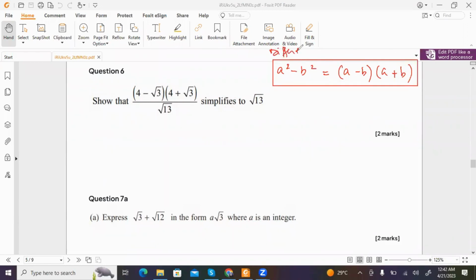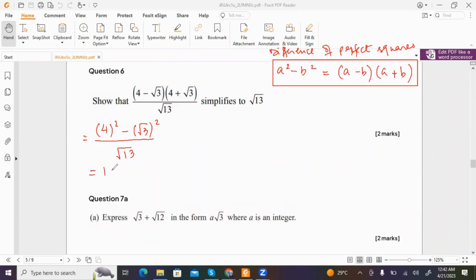So we can rewrite 4 minus root 3 times 4 plus root 3 as 4 squared minus root 3 whole squared, over root 13.